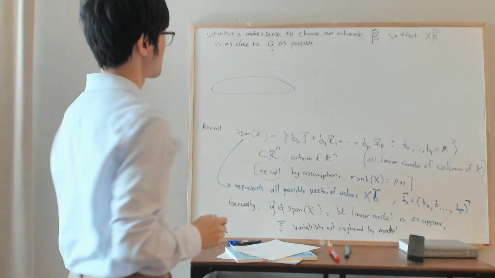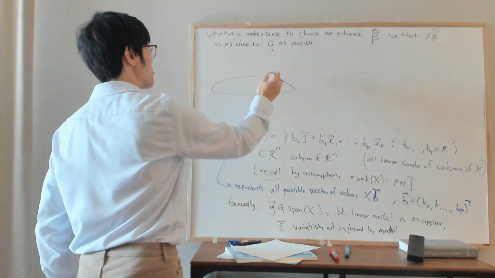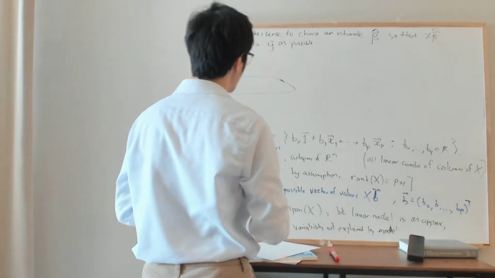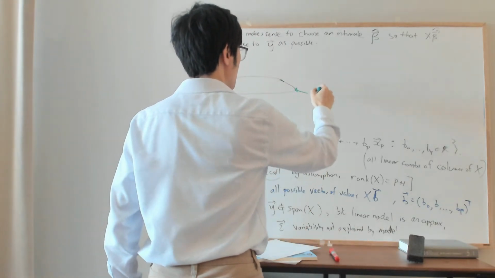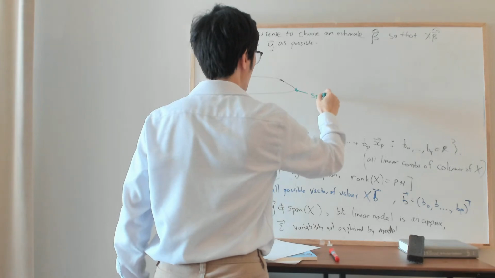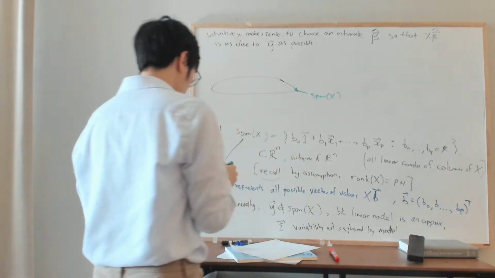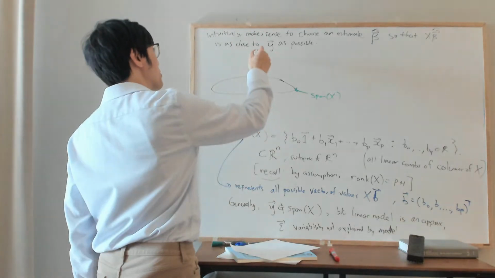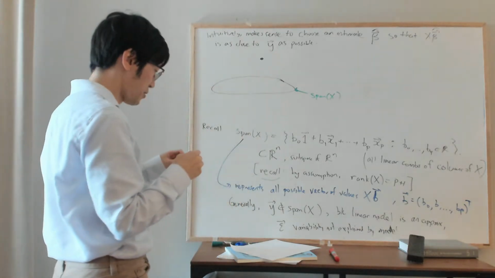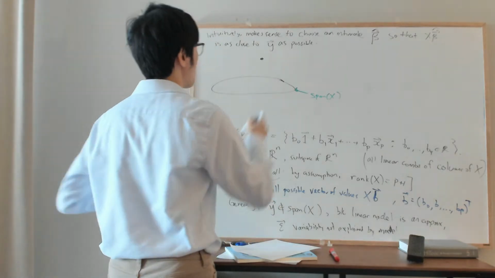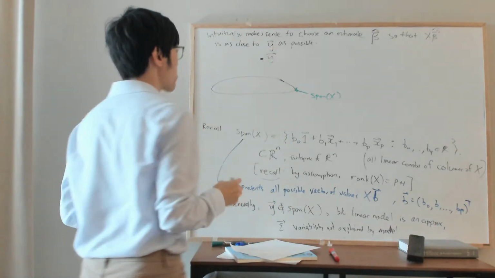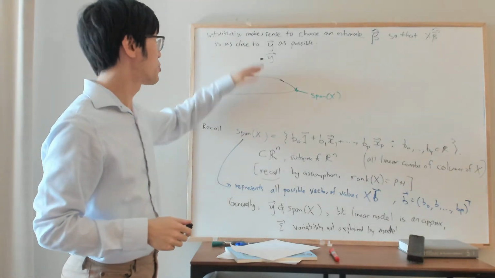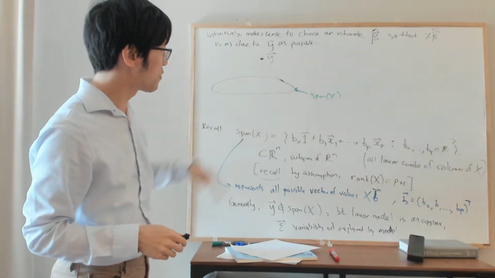So let's call this guy the span of x. So this is a subspace, and the reason we model is because the responses are not going to be captured in the span, so y is outside of the span.